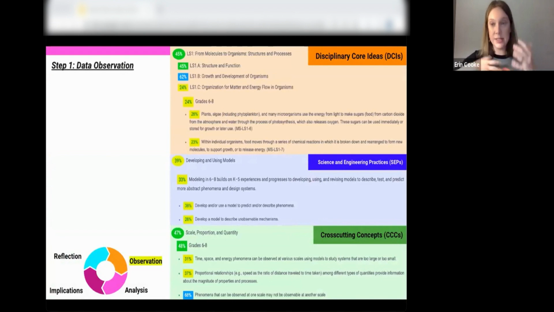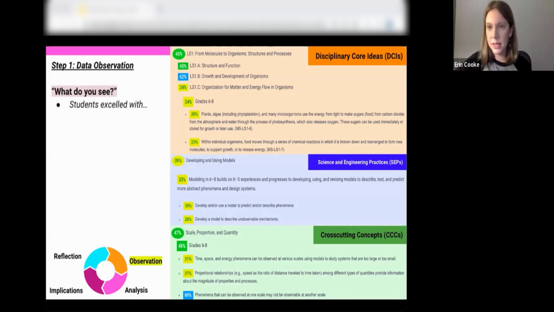But the first step we recommend, so this is the data from the dimensions report, which we just looked at, is to make some observations and to answer this guiding question: what do you see? So it might seem basic, right?